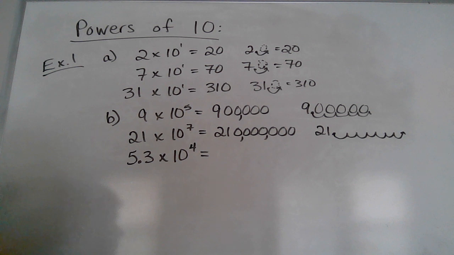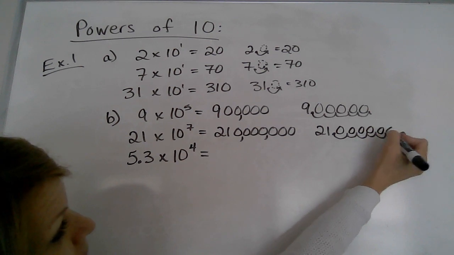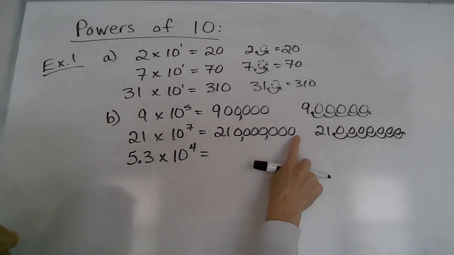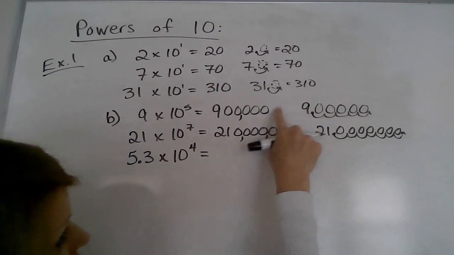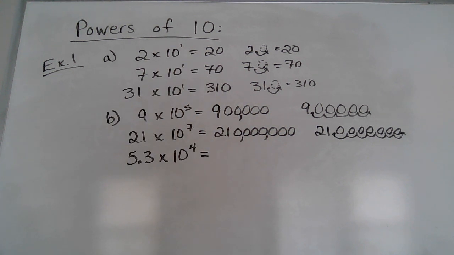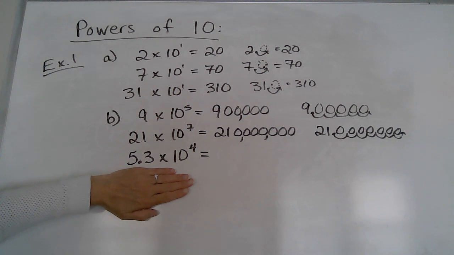And each time you move it, you need to fill those spots with zeros. And we've added 7 zeros, and now the decimal's sitting at the end, which is exactly what happened here. Just like we moved the decimal 5 places here, and now the decimal's sitting here, and on up if you wanted to keep going.